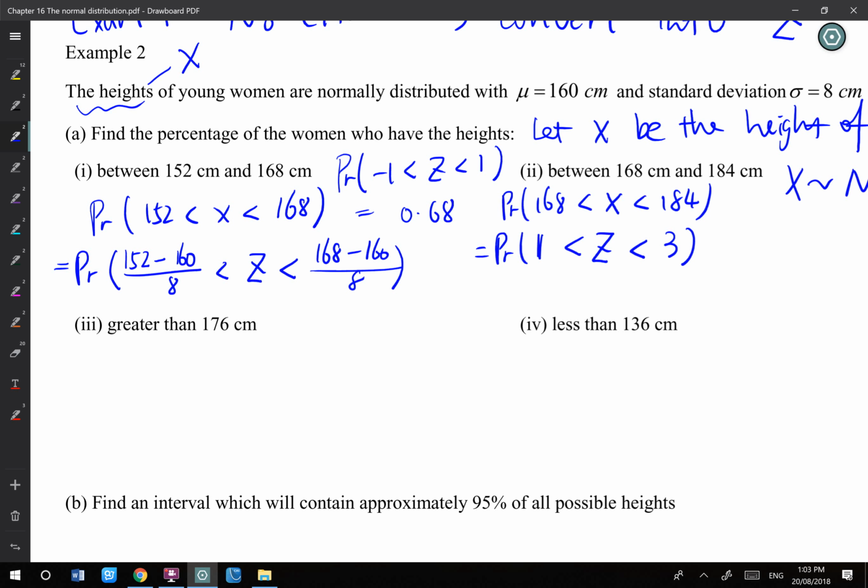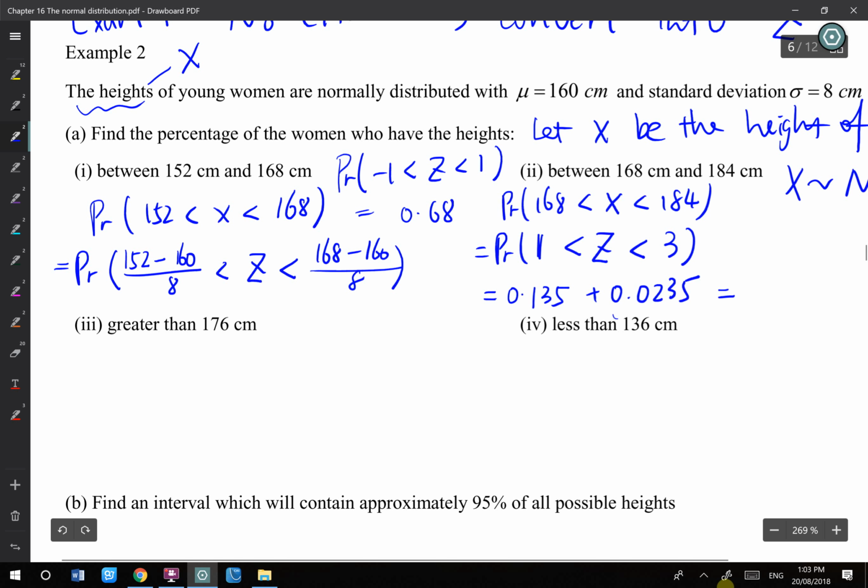If you look at that, in between 1 and 3 is 0.135 plus 0.0235. If you look at there, that's the probability. What's that? 0.1585. I think that's right.